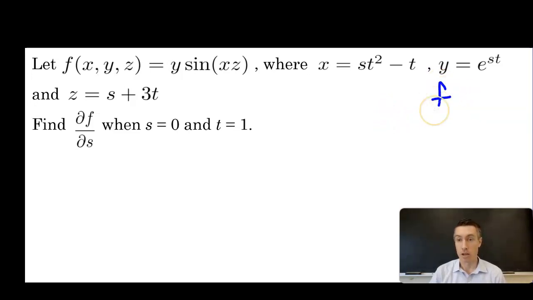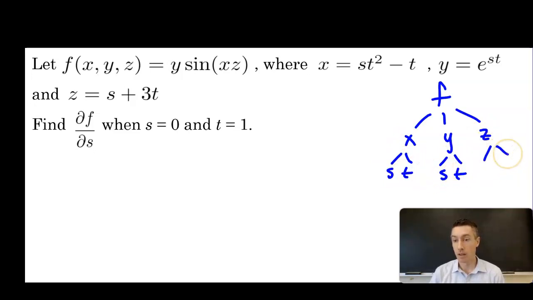So we have our function, 3 branches coming off now, x, y, and z. And from each of these 2 branches, x is in terms of s and t, y is in terms of s and t, z is in terms of s and t. So that tells me we're taking a partial derivative every time we're going down a branch.